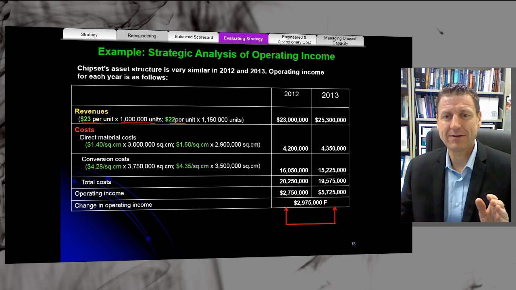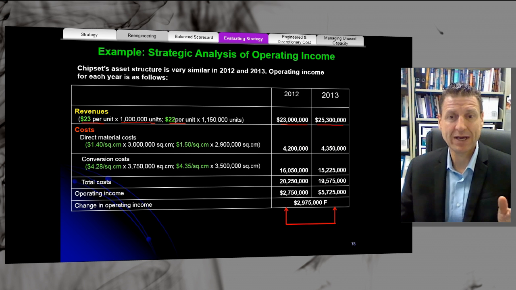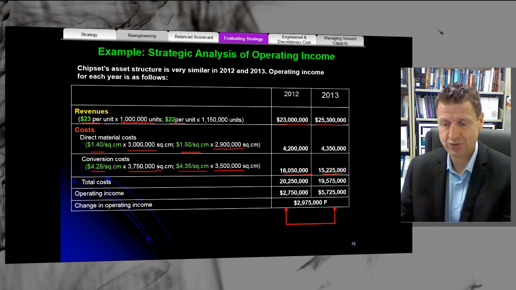Here we have the final revenues, and then we have the direct material costs, where we actually use so much of direct materials, and then we've got the cost per direct material. The conversion cost is the capacity here, and we multiply that by the units of conversion, and that basically is the total cost that we showed you earlier.